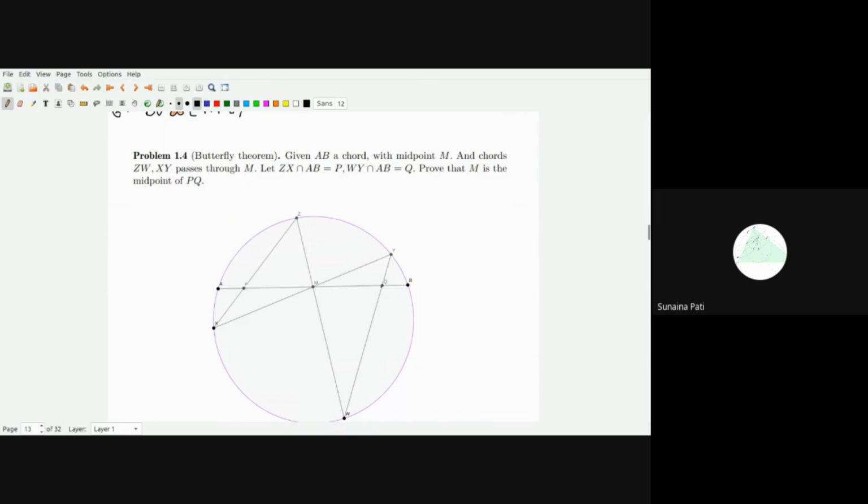This is P and this is Q. The theorem says that M is the midpoint of PQ also. That is what the theorem says.